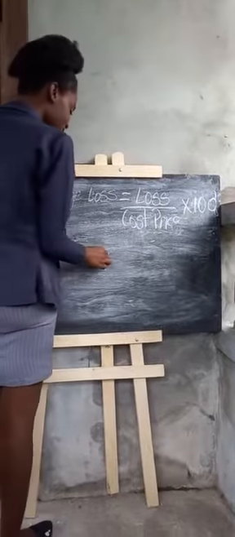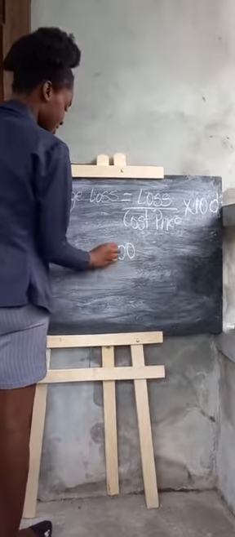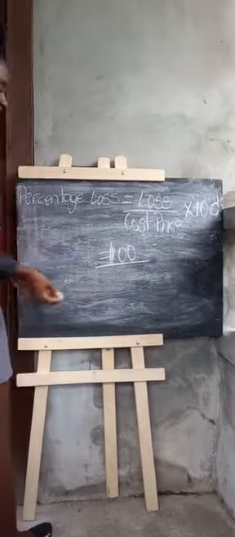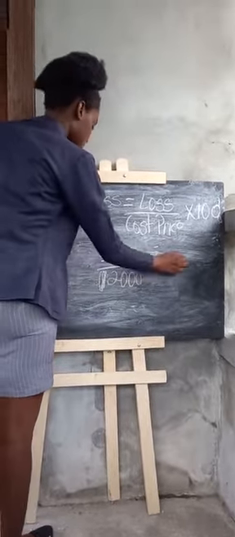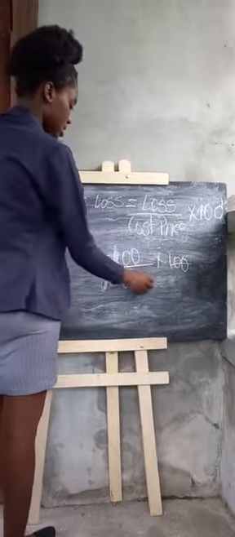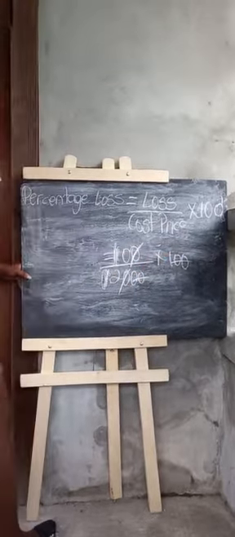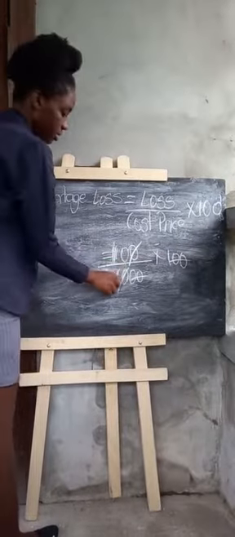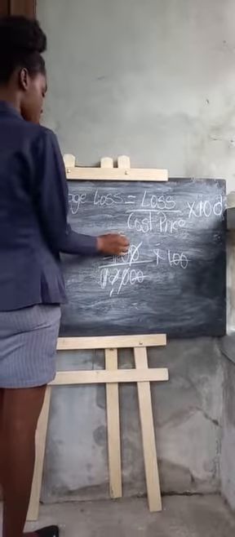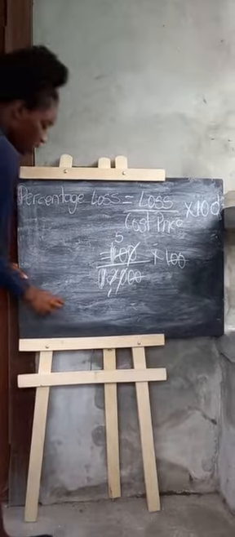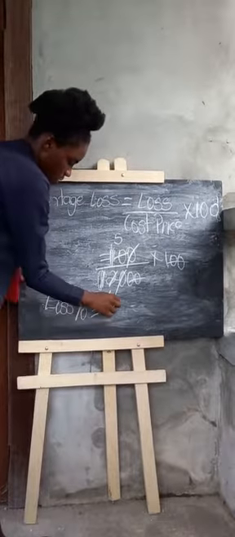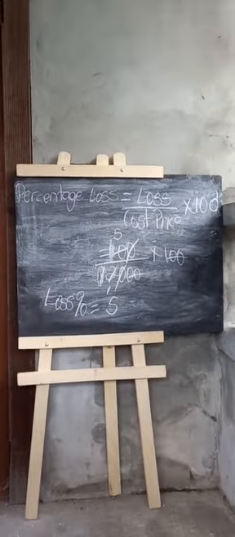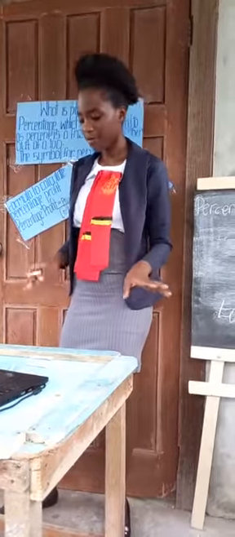Our loss, we just forgot, is $100, and the cost of the article was $2,000 times 100. Cancel out. Now we have 2 into 1, 2 into 10, 5. So the loss percent is equal to 5. Right? So do you get that? Everything clear? Very well.